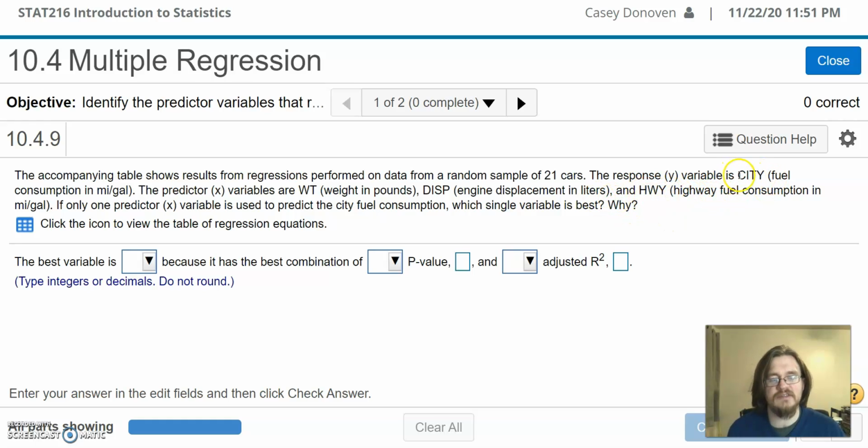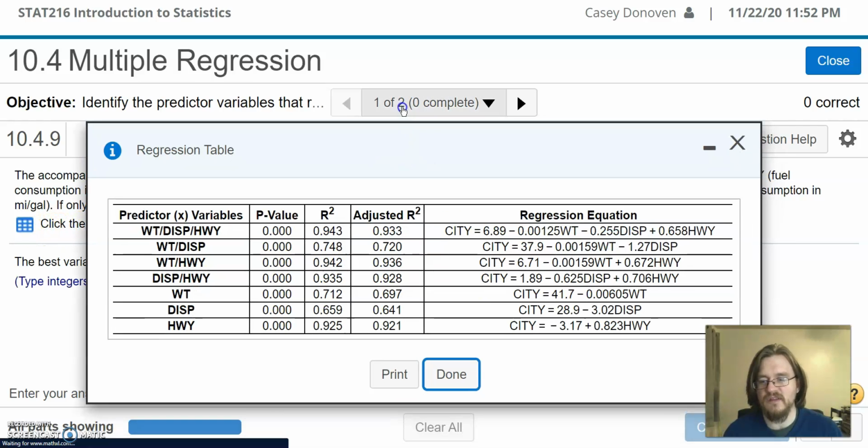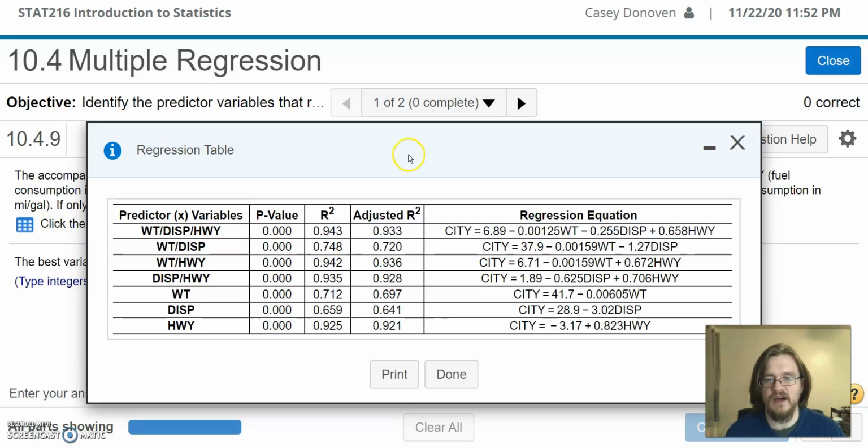So of these, trying to predict the city engine efficiency, the miles per gallon, we're trying to use the weight, the engine displacement, and the highway gas mileage to predict that. So they do all of this work for us, and let's say that we want to use all three variables to make this prediction.